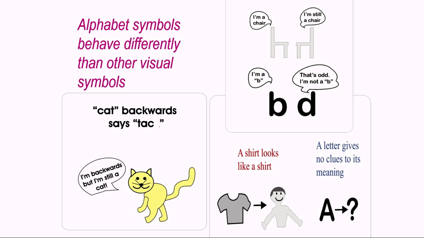Whether the chairs are facing right or left, they're still chairs. But if letters are facing right or left, they are different letters with different sounds associated with them. A shirt looks like a shirt. It looks like something that you would put on the top of your body. Its function fits the form, but a letter gives us no clue to the meaning. Or does it?